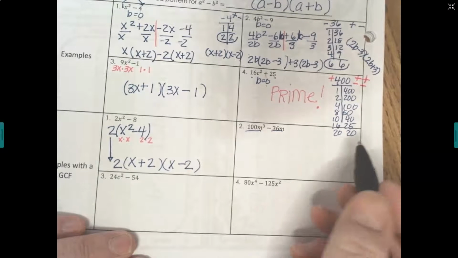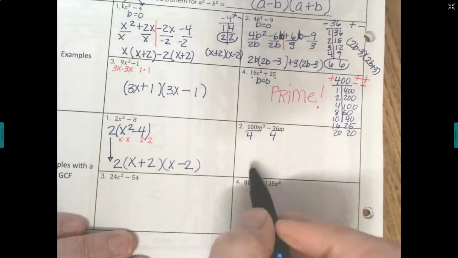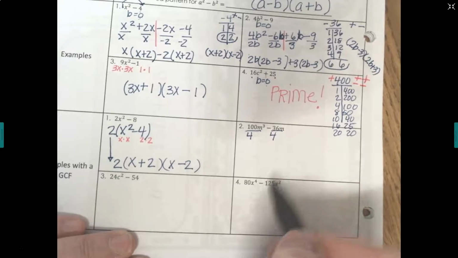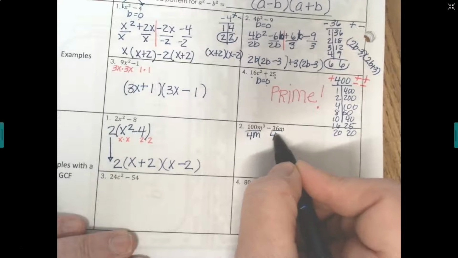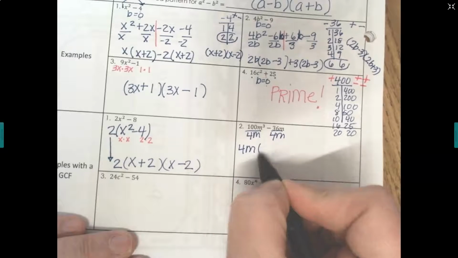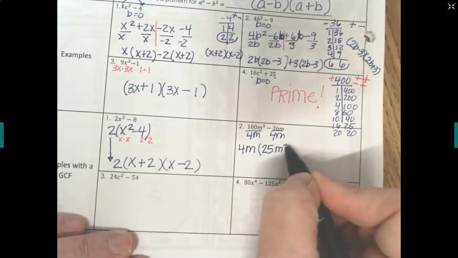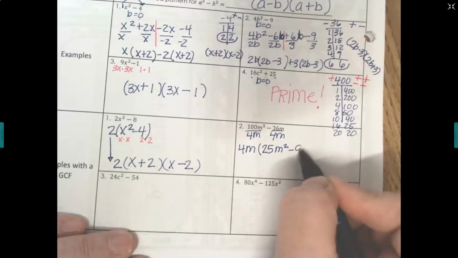36 and 100. The biggest number they have in common is 4. But notice both terms also have an m. So we're going to take out a 4m. Write it out front. What will be left over is 25m squared minus 9.